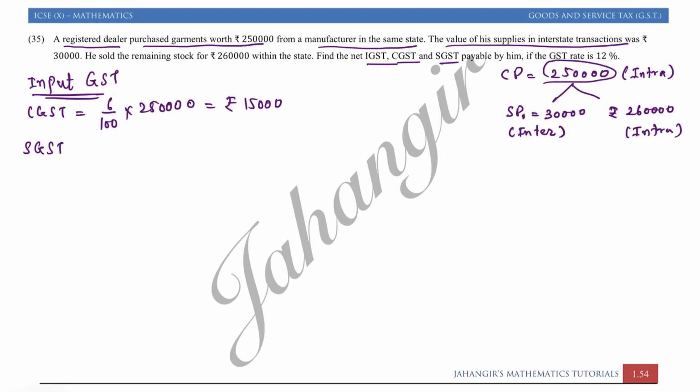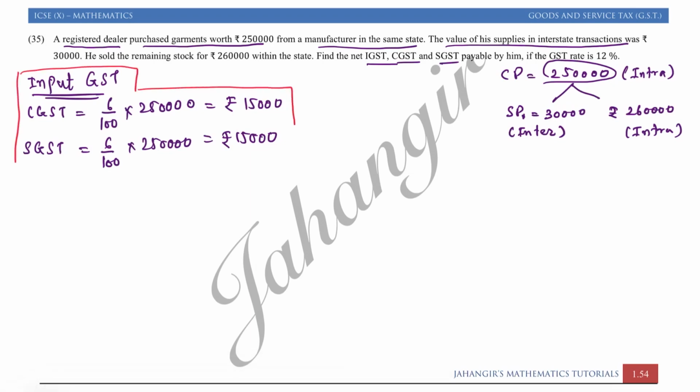SGST is again 6% of 2,50,000, that is again rupees 15,000. So this was the input tax which the dealer had paid while buying. This is the credit to the government.